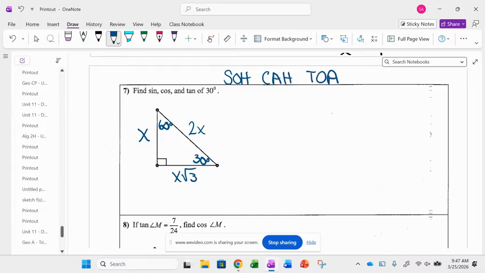So Noah, they want us to find the sine, cosine, and tangent. If I'm going to find the sine, what should I write? So what's the sine going to be of the 30-degree angle? Say it one more time. What is the sine pair?